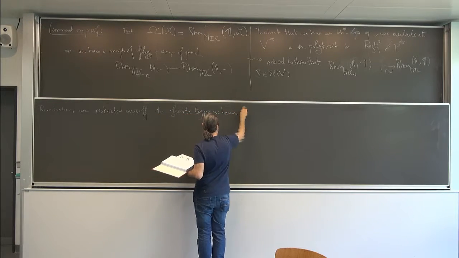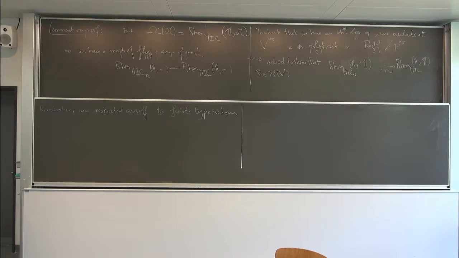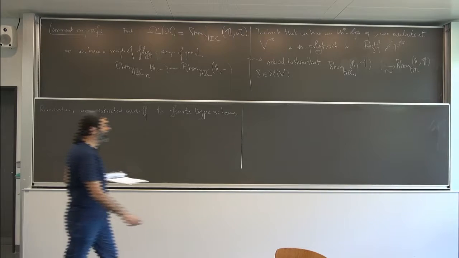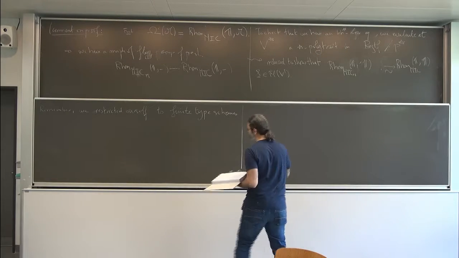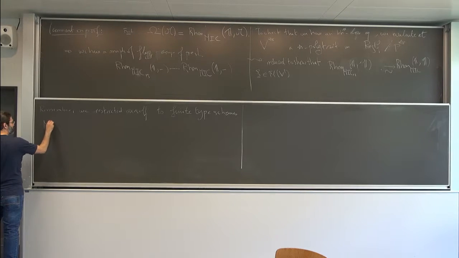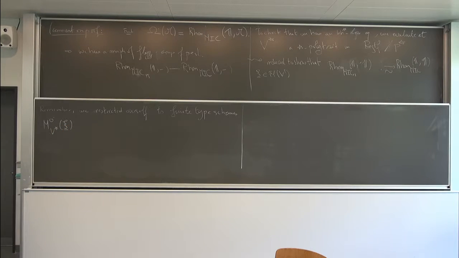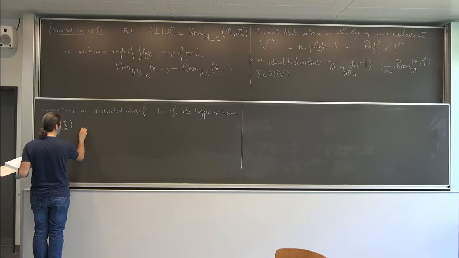So there is no more foliation, no more completion, nothing, just finite type schemes. And now, if you think a little about what this object is, M0 V-star at the flag gamma, what kind of object is this?